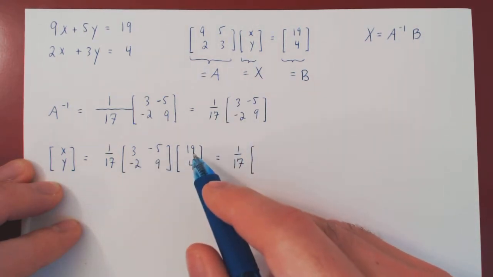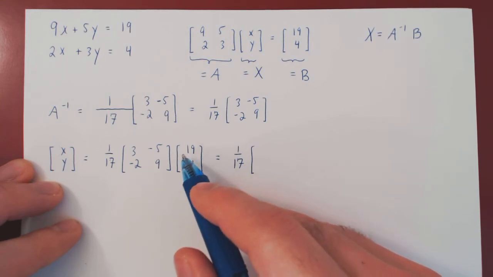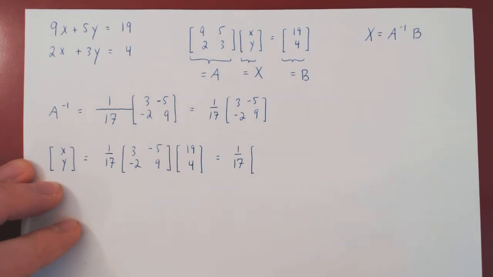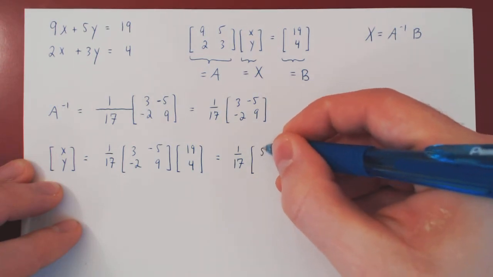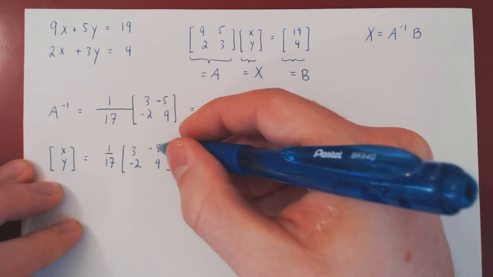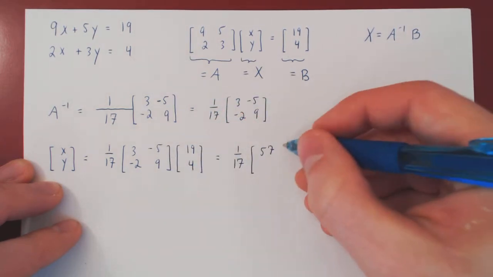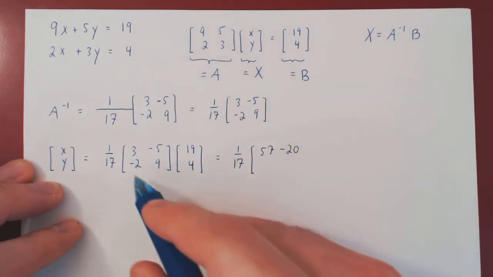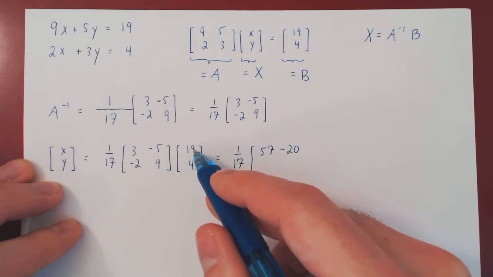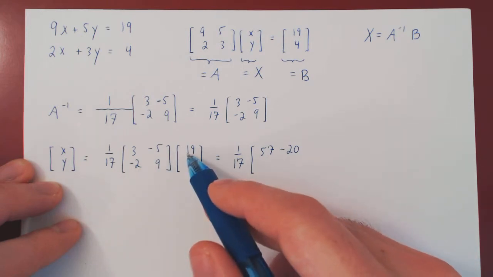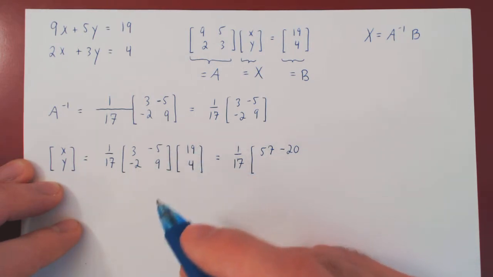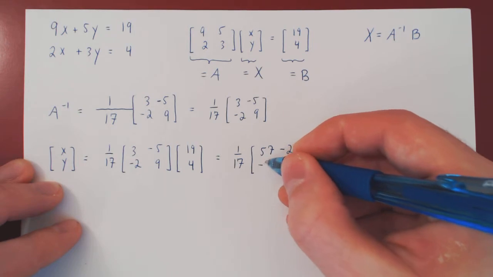3 times 19, 30 plus 27 is 57. Minus 5 times 4, minus 20. Then negative 2 times 19. Well, negative 2 times 10 is 20. 2 times 9 is 18, so that's negative 38.